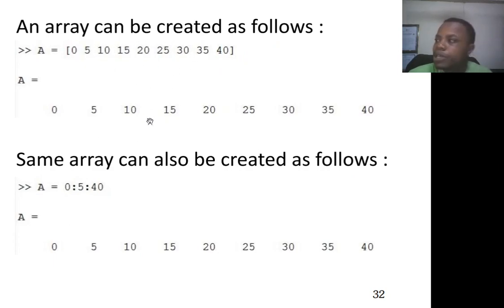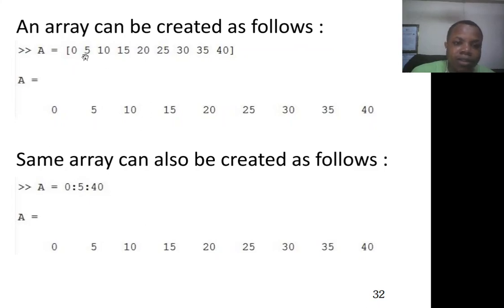Just as we demonstrated in lecture 1, you can also create an array of numbers using this sequence. Remember that in MATLAB, if you want to create an array of numbers, you have to use the block parentheses. Here we are creating this string of values from 0 up to 40 and assigning everything to a.